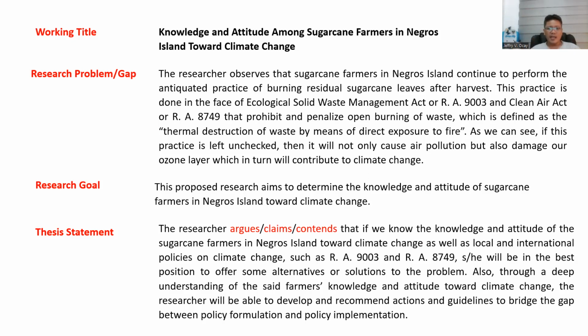However, they continue to burn those residual sugarcane leaves after harvest because that was the instruction of the owner of the farm.